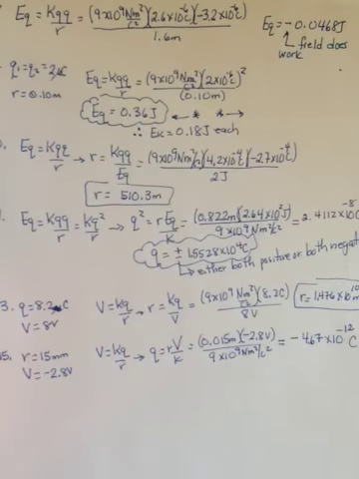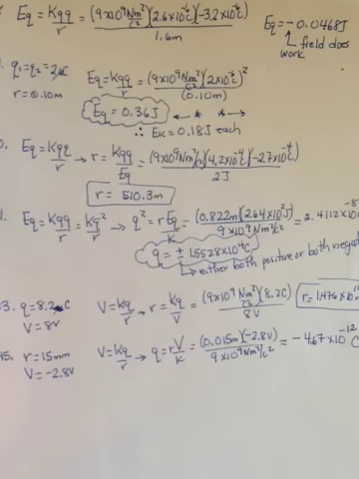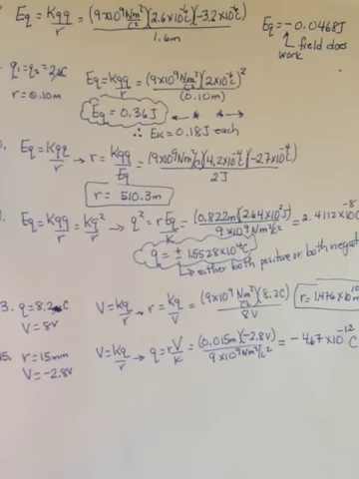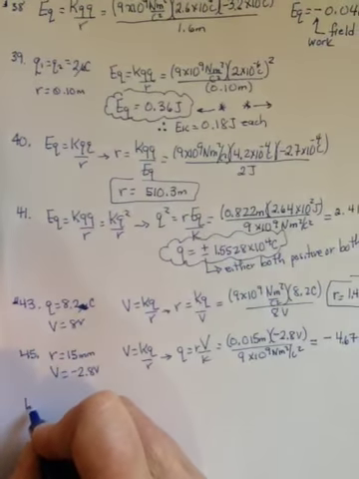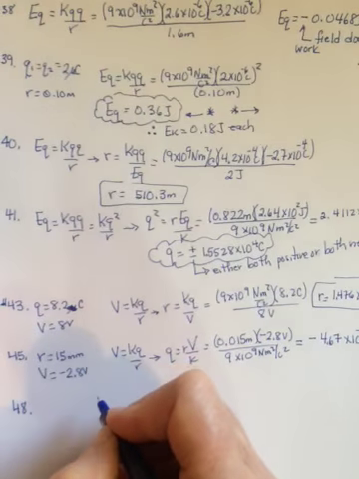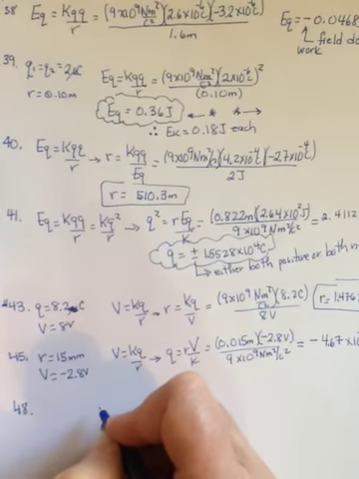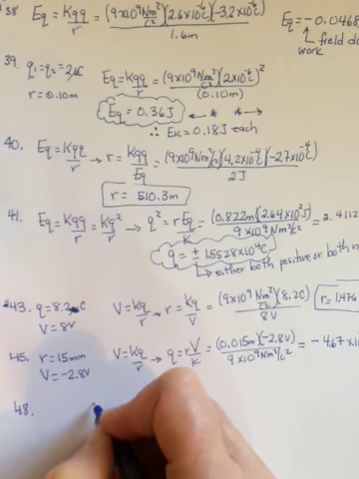All right, and then the last one I asked you to do in the set was number 48. And 48 says, point X has an electric potential difference of positive 4.8 volts, and point Y has an electric potential difference of negative 3.2.